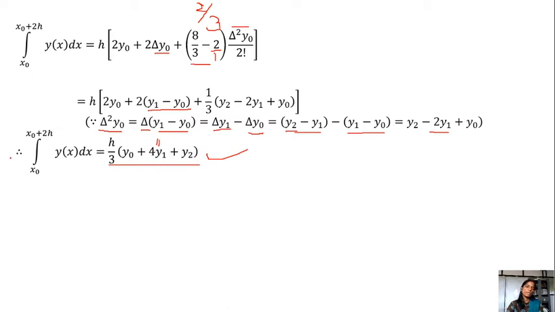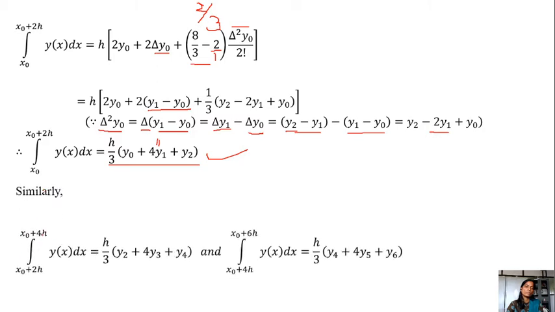Now in a similar way you may compute x0 plus twice h to x0 plus 4h, because we are putting n equal to 2. What will be that? h by 3. Now how many functional values are there? y2, y3, y4, and middle is y3.